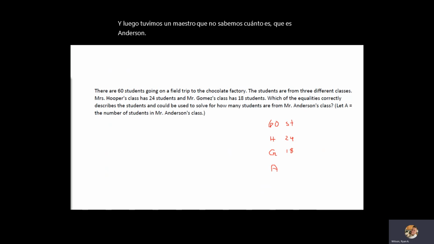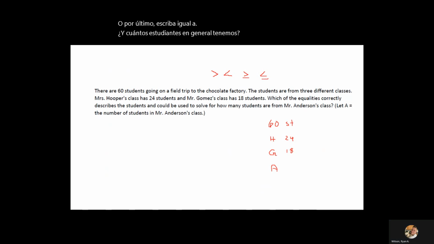So they want us to write an inequality. Our inequality symbols are greater than, less than, greater than or equal to, or less than or equal to. And so how many overall students do we have? 60. Can we have more than 60? Can we have less than 60?